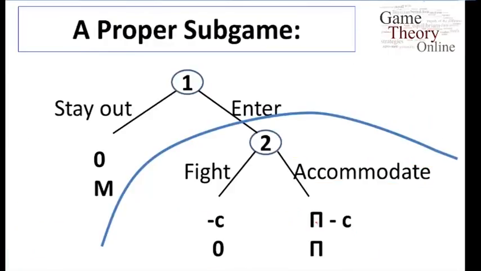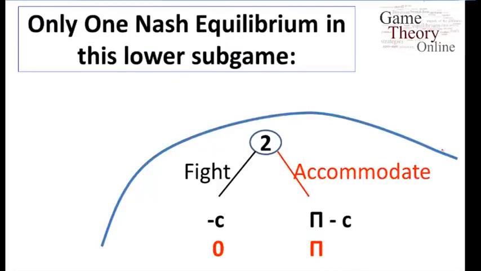So for instance, if we go back to our entry game, then the specification of strategies to be a subgame perfect equilibrium has to be a Nash equilibrium in each proper subgame, so that includes this subgame down here. If we look at that subgame, there's only one Nash equilibrium in this lower subgame.